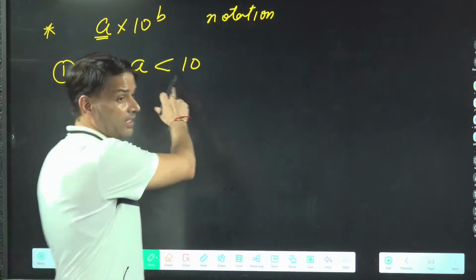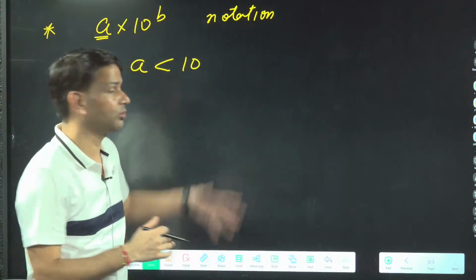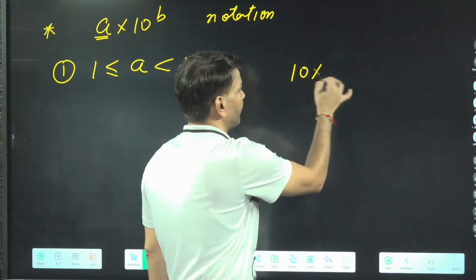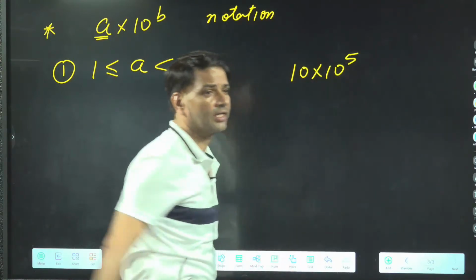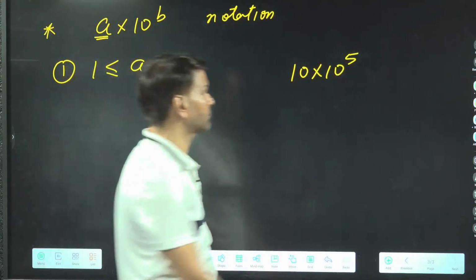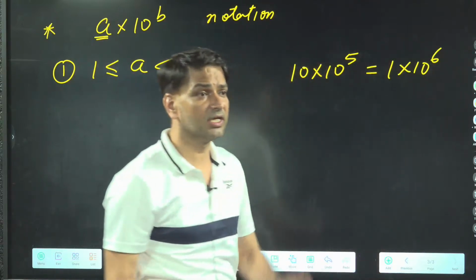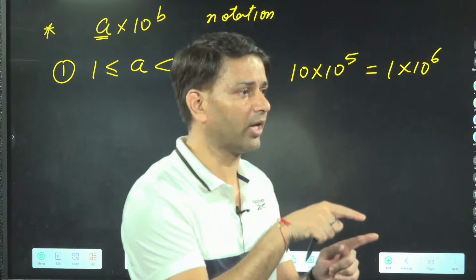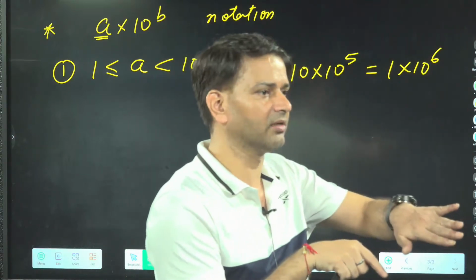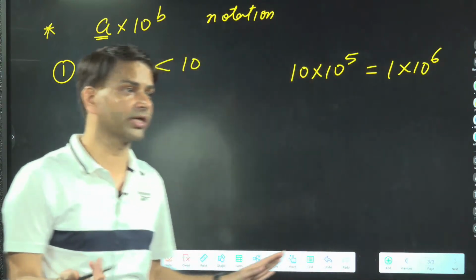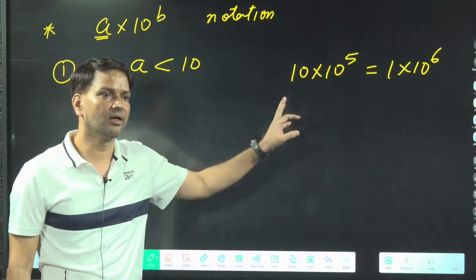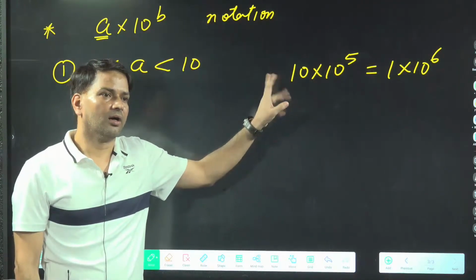Because if you take 10 here, like 10 into 10 to the power 5, I can directly write it as 1 into 10 to the power 6. So that's why we are not taking equality at 10. It has to be less than 10. 9.9 is okay, but we cannot take 10.